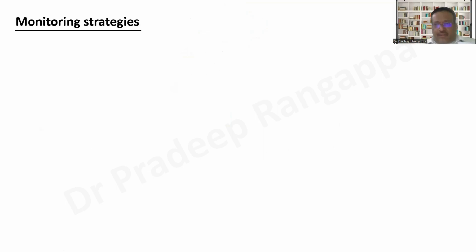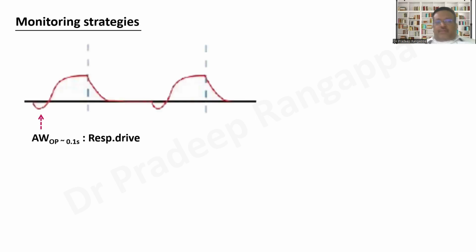So how do we do it at the bedside now in our ICU? So there is some component which is very easily available in the newer ventilators, which I will show you. So there is something called airway opening pressure, AWOP. I will show you in the next video how I did it in my ventilator.